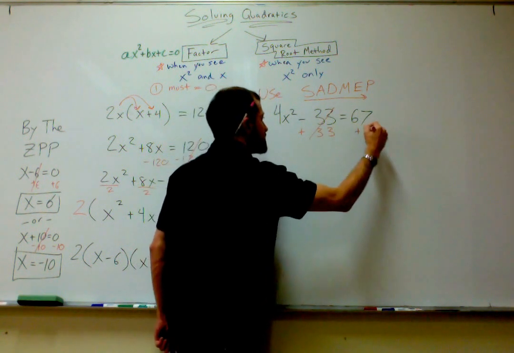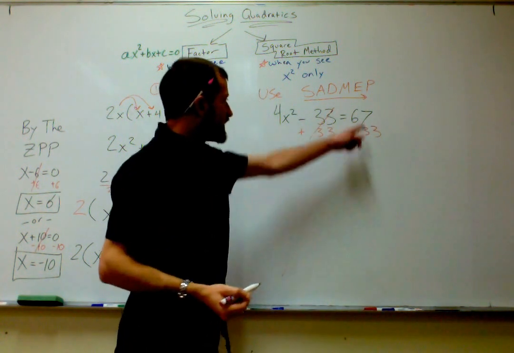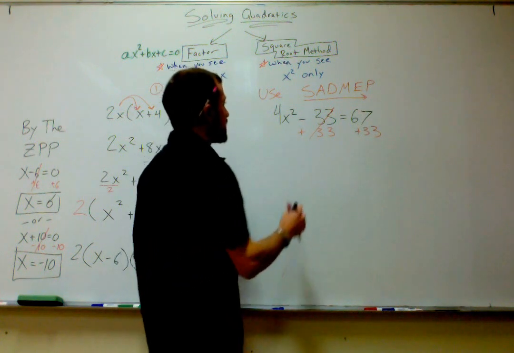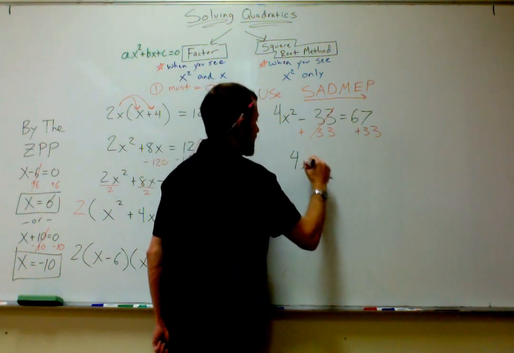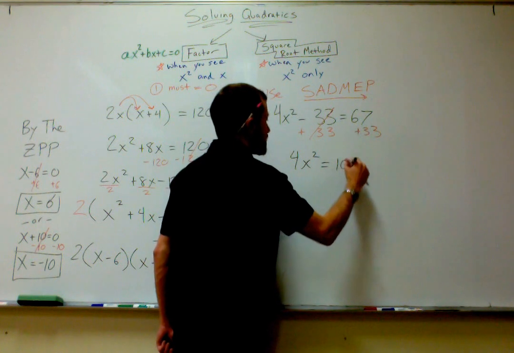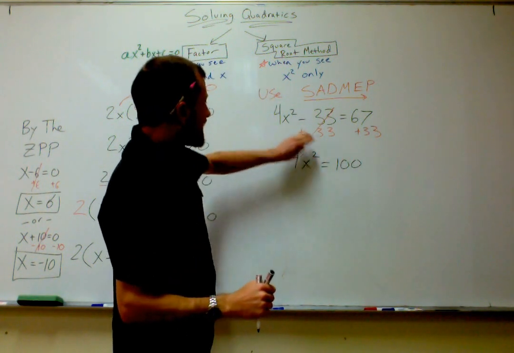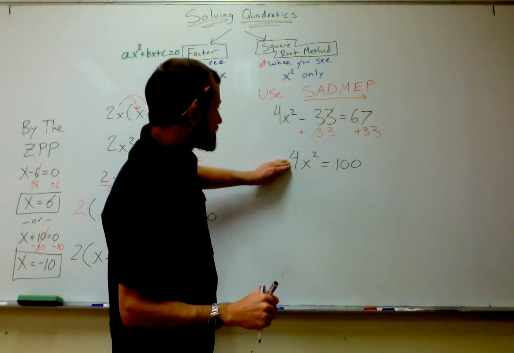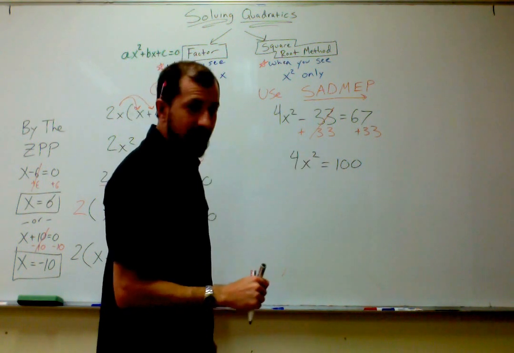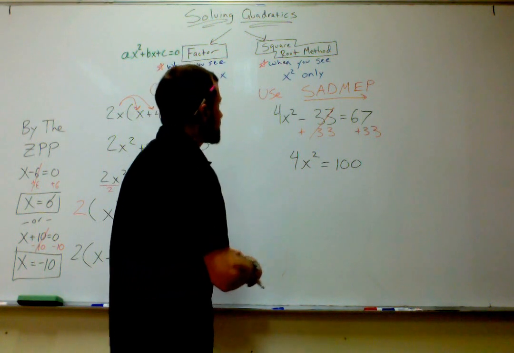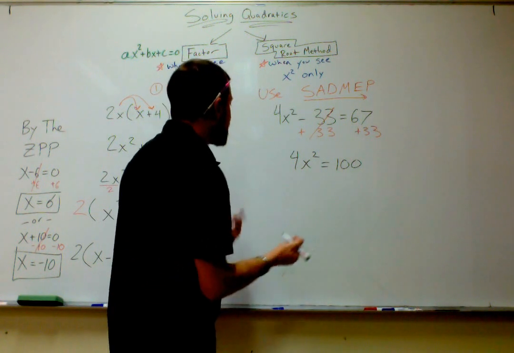That cancels. When I add 33 to the right here, I get 100. So 4x squared equals 100. We're trying to isolate x, so let's see what's on x. I see x times 4. X is also squared. So let's consult SADMAP to see what we need to do next.